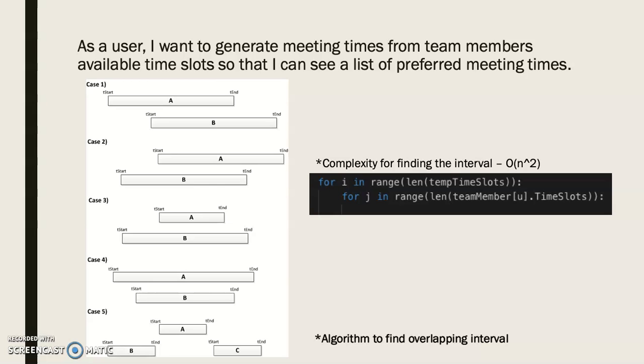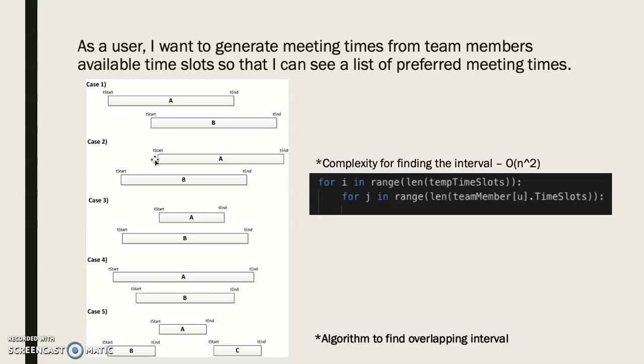So this is the algorithm to find overlapping intervals. There are only 5 cases. Case 1: the start time of B and the end time of A are overlapping. Case 2: the start time of A and the end time of B are overlapping, so it's going to store those.